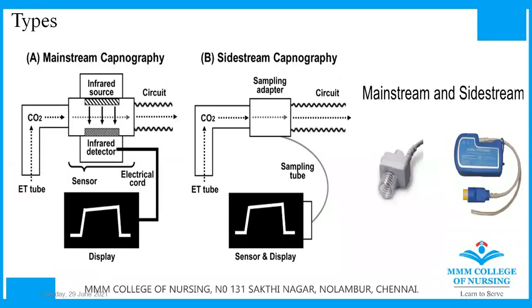The types of capnometry are mainstream capnography and sidestream capnography. In mainstream capnography, the sensor is placed along with the endotracheal tube, and the expired air is passed through an infrared source and infrared detector.